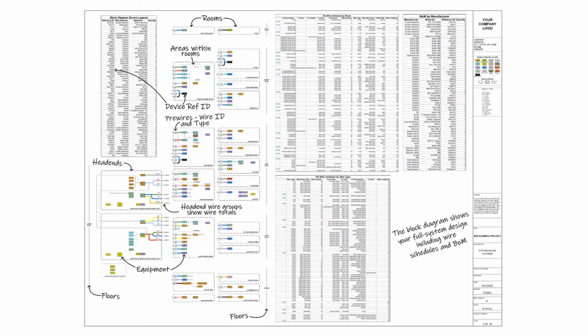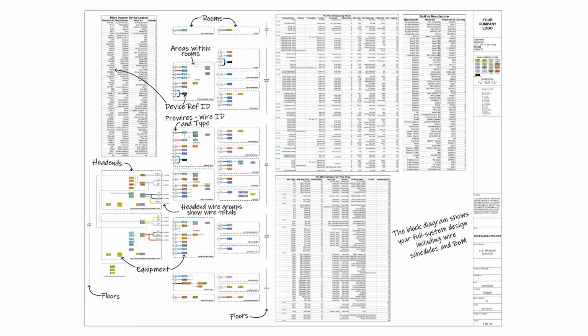Now, the AV floor plan is essential in designing a system, but it can only show so much information. So after the AV floor plan is approved, the block diagram is created to show the overall full system design. The block diagram shows in a riser-style fashion all the devices, all the rooms, all the floors, and all the connections between the racks and the rooms, all on one page.